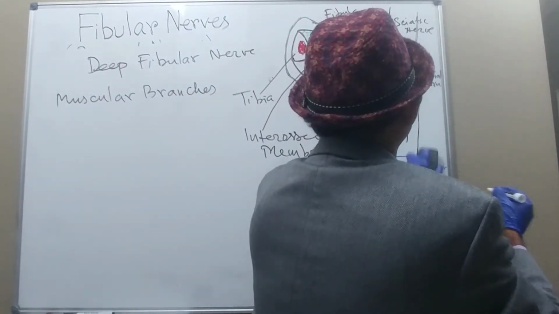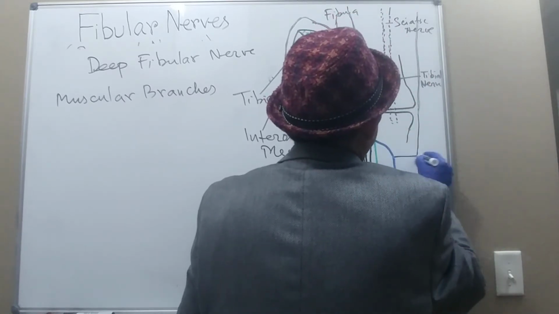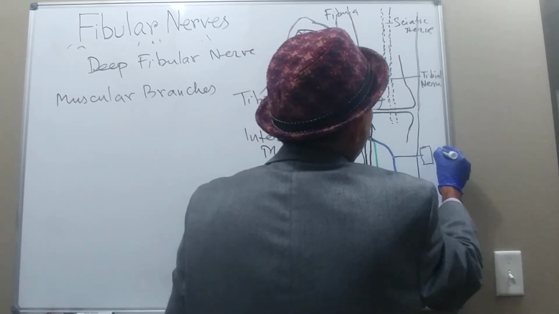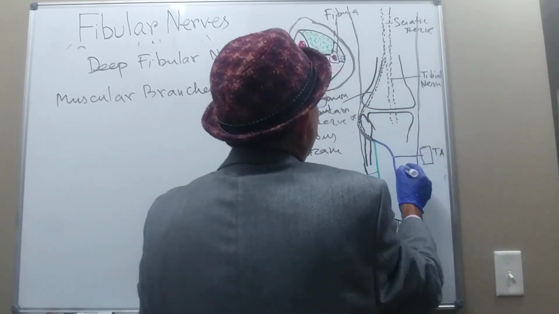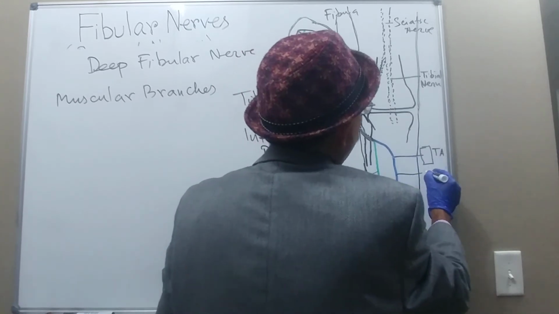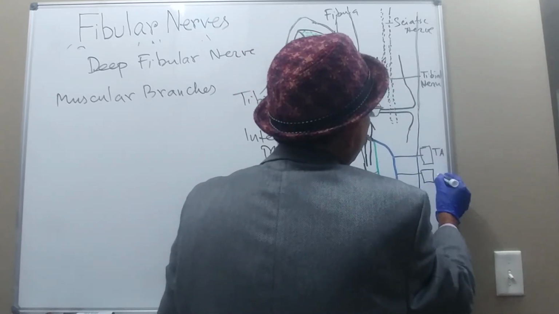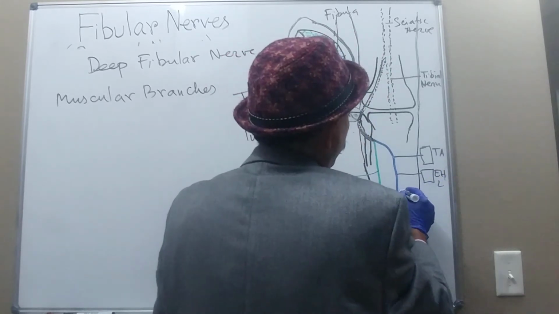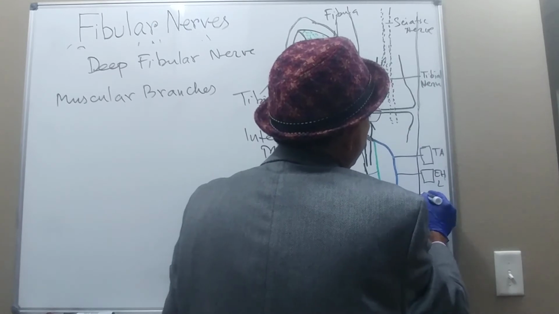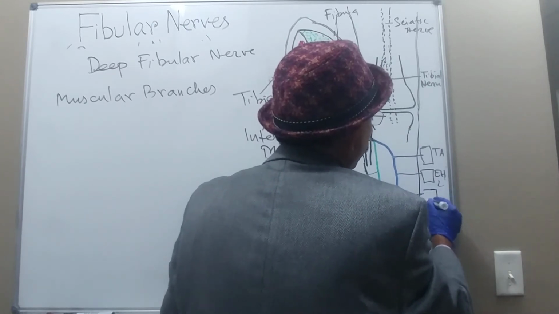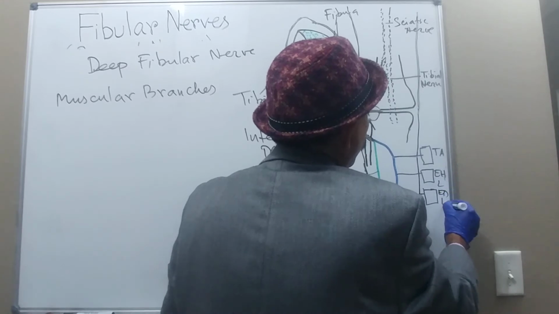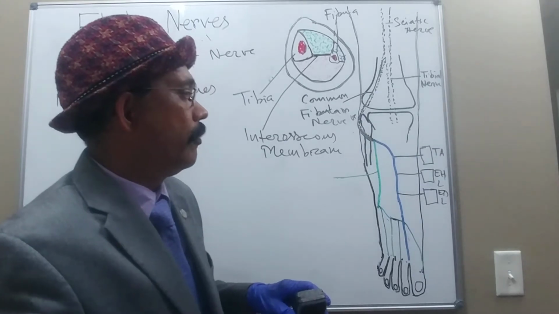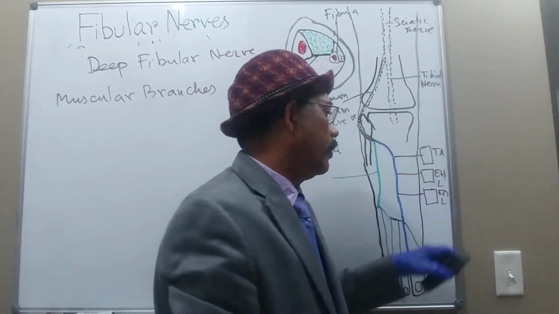It innervates the tibialis anterior, the extensor hallucis longus, and the extensor digitorum longus.